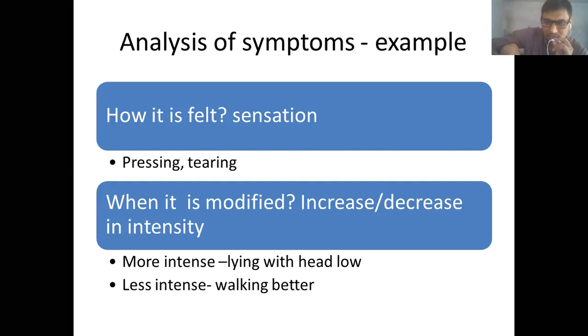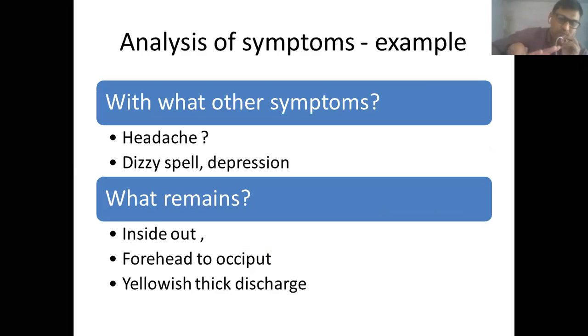What other symptoms are present in this case other than the symptoms related to the nose and paranasal sinuses? Now, there are two symptoms which might be called other symptoms. One is a headache, another is a dizzy spell and depression.